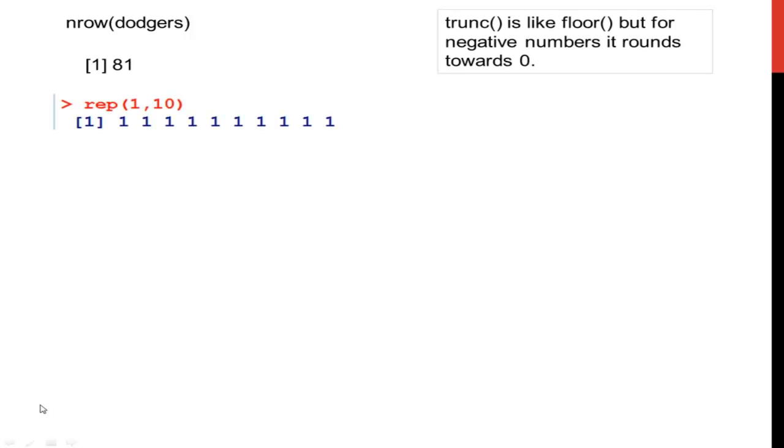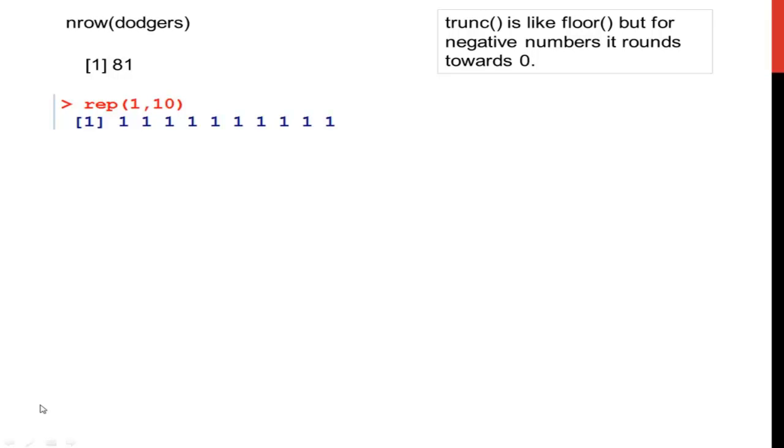Now there's another function called trunc, and that's like floor, but for negative numbers it rounds towards 0. So try floor on the number 3.8. Put floor, open bracket, 3.8, close bracket. What do you get? 3, right?